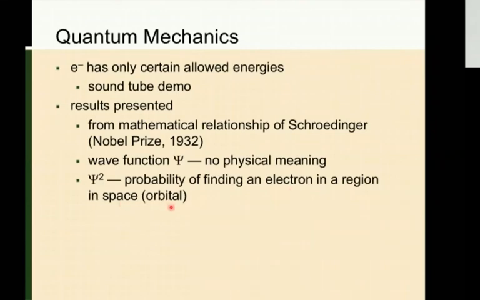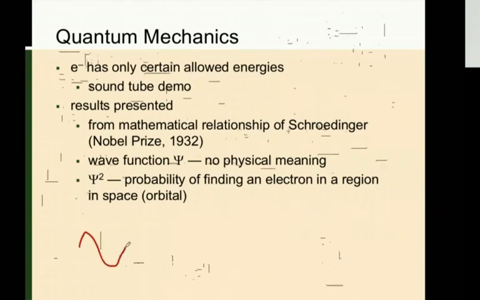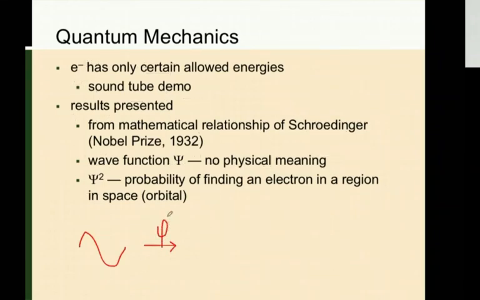The wave function has some sort of wave-like shape, so the square of the wave function is going to be something like that, where we have these peaks, we have these troughs, and so on. The squaring really just creates a safety net so that we don't have a negative probability of finding the electron somewhere.